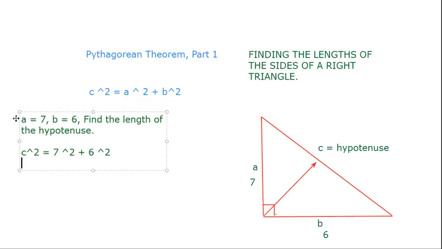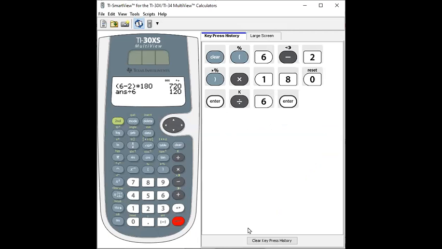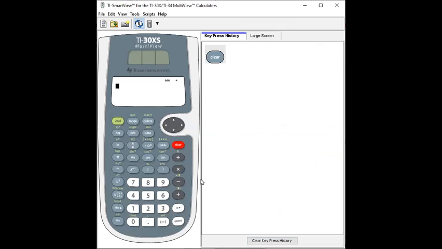So we've got to go to our calculator and figure out what 7 squared plus 6 squared is. So for that we say 7, up arrow, just right here above your x squared key. And if you'll notice when you push that, it moves your cursor up to the superscript line. It's that button, squared.